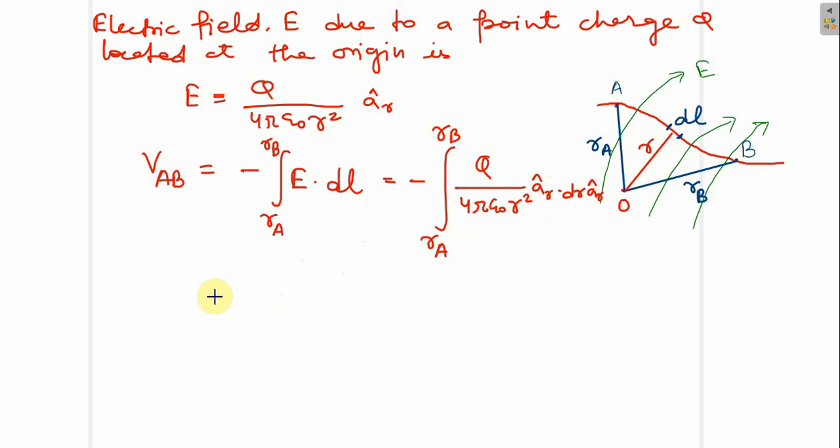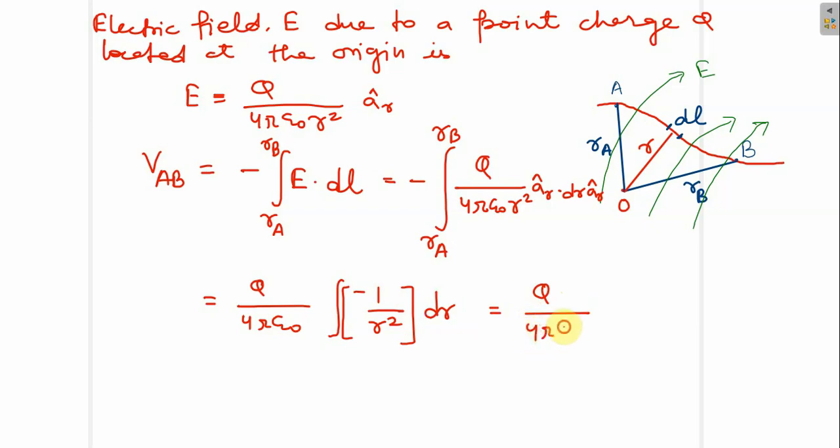So we can take Q upon 4 pi epsilon 0 outside, and we have minus the integral of 1 upon R square dR. If we integrate it, the integral of 1 upon R square is minus 1 upon R, so with the minus sign it is 1 upon R, with limits RA to RB.